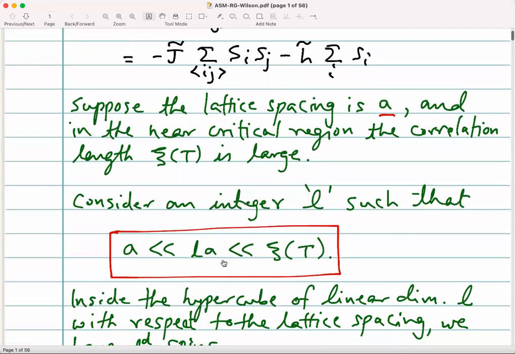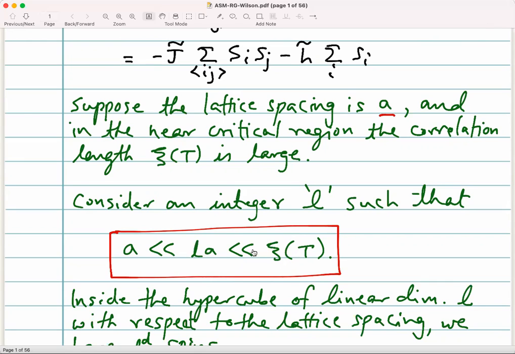The number is such that L times a is much larger than the lattice spacing. That means this L is a count of the number of lattice sites that we are picking at a time. But L times a is also not as large as the correlation length.